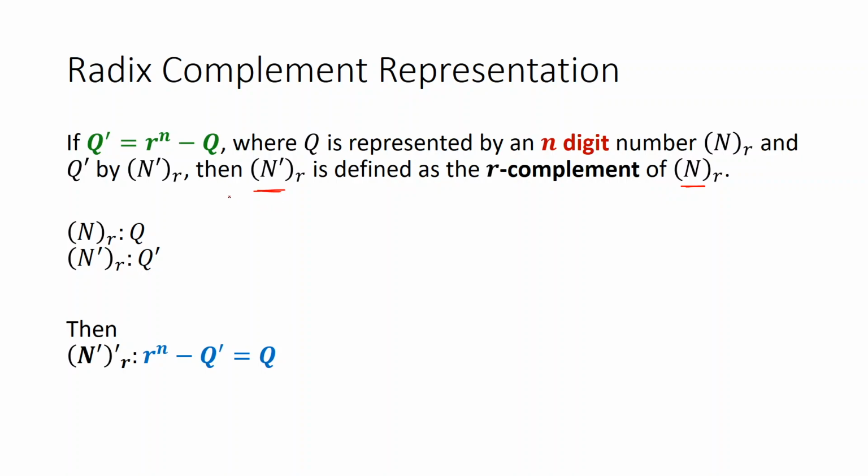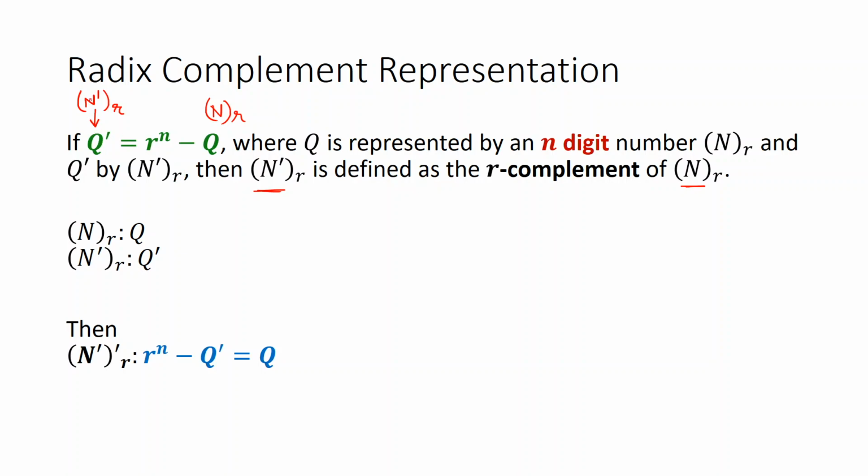That is very easy to see, because what is basically a complement of a number? The complement of a number is r to the power of n minus the quantity represented by the number. So here, this quantity which is represented by n dash, this n dash is the complement of n when I have this relationship.